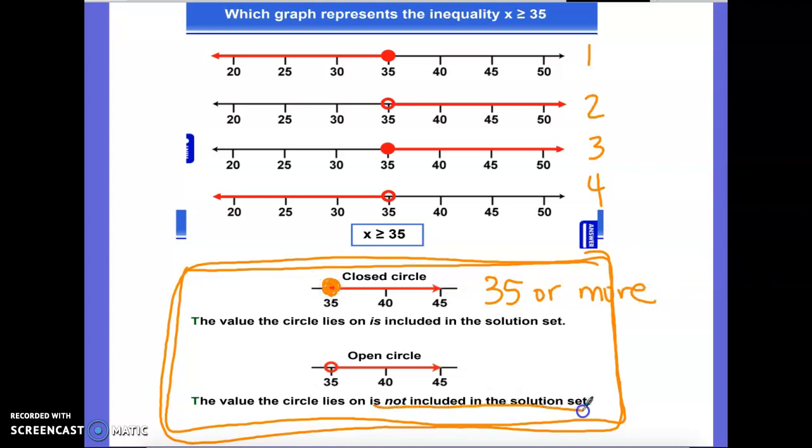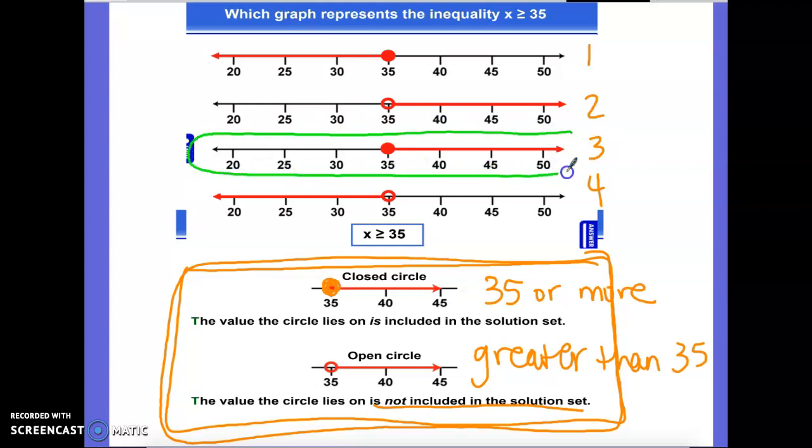This one has not included the answer in the solution set, so that means it has to be greater than 35. So the third option, this one right here, is the number line that represents 35 or more.